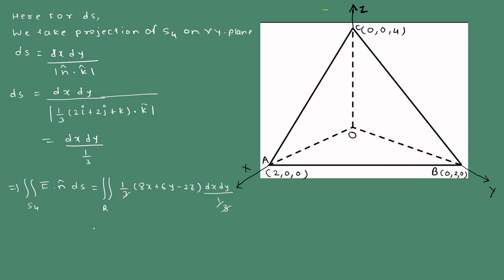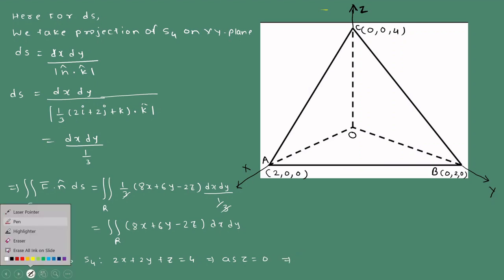So the 3 gets cancelled. So double integration over R of (8x plus 6y minus 2z) dx dy. As we are working on the xy plane, we have to remove this z. What is S4? The equation of S4 is 2x plus 2y plus z equals 4. So as z is equal to 0, that means we can write it as, sorry, it is not equal to 0.